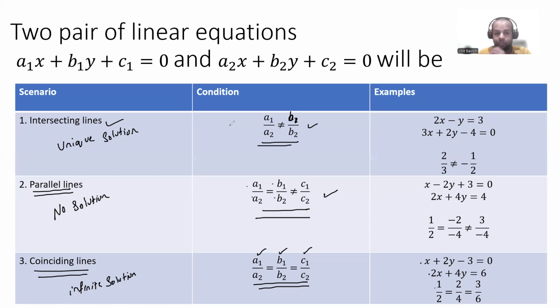The question can be straightforward like this, to check what type of lines they are, or sometimes they'll ask you, given the lines are intersecting, to find the unknown value of the missing term. So you'll have to use this vice versa as well. The basics of this are very important. In the coming video, we'll be doing problems where applications of this are happening. We'll apply the knowledge and solve some questions.